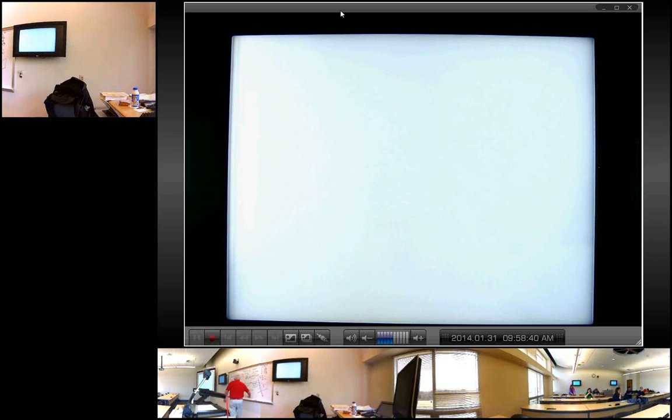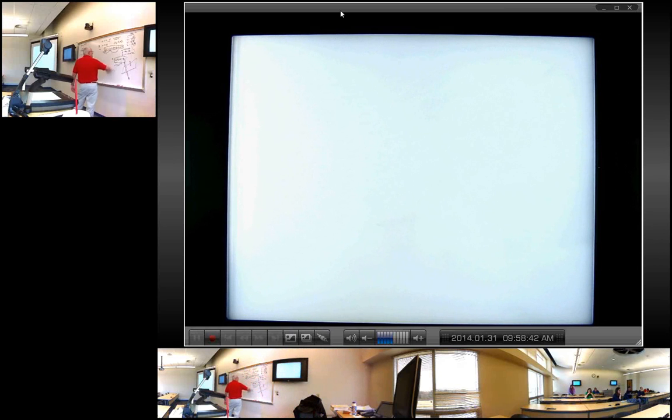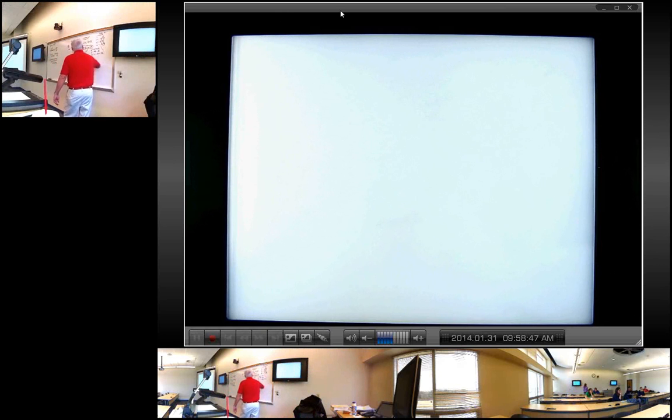Let's erase the second problem. So I think, let's see, if you're talking about now that the line is perpendicular to this, oh, where are you?